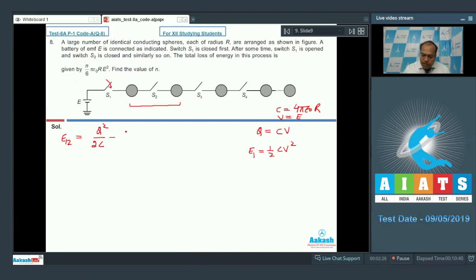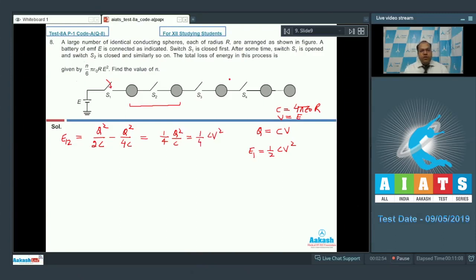On further solving, the final energy can be written as Q square by 4C. So the loss is 1 by 4 of Q square by C, which can be further written as 1 by 4 C V square.